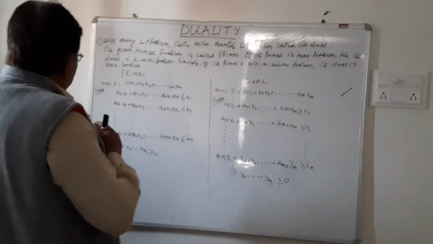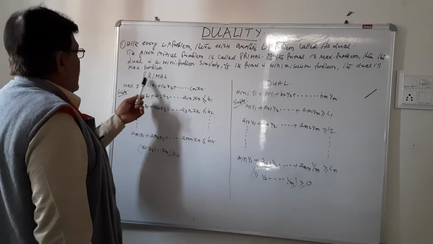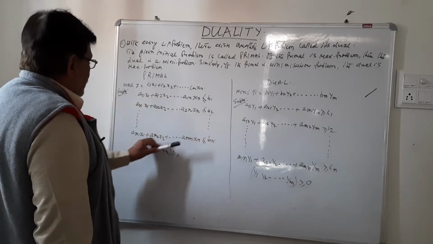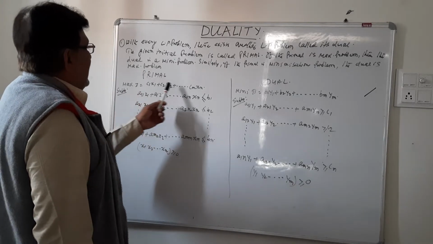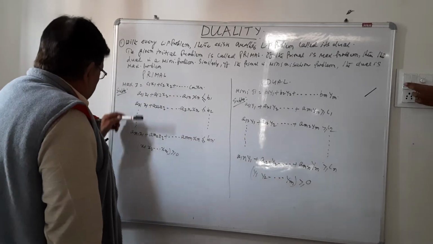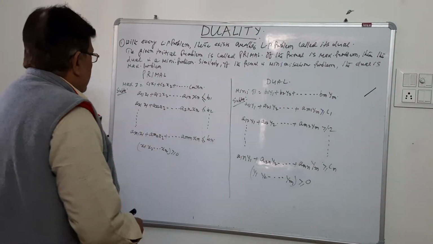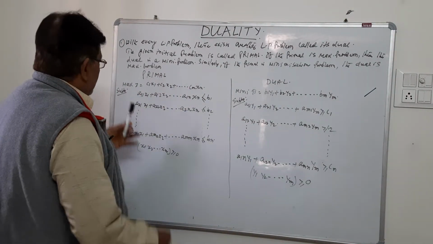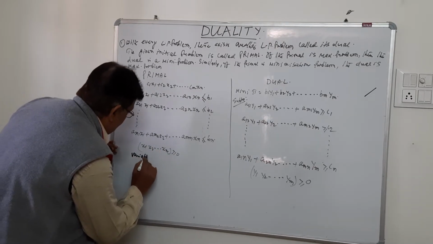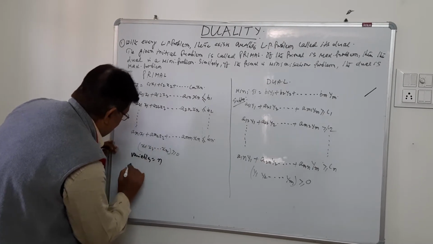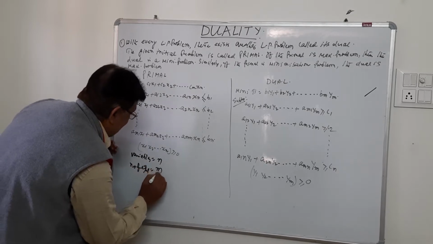In a standard form, suppose we start from any maximization problem, this is primal. Now in the standard form, maximize z has n variables in m equations. We have m equations in n variables. Since it is a maximization problem, the number of variables is n and the number of equations is m.